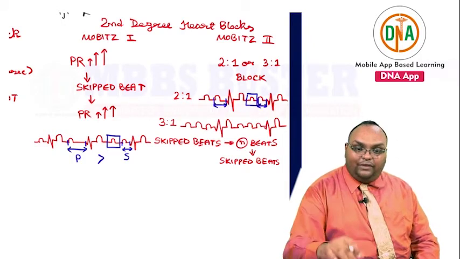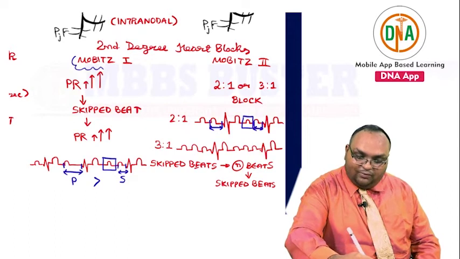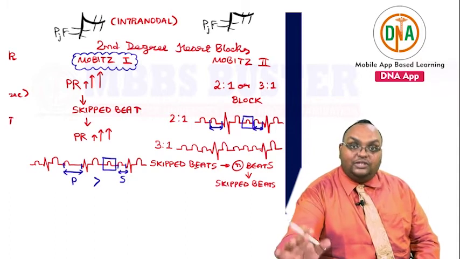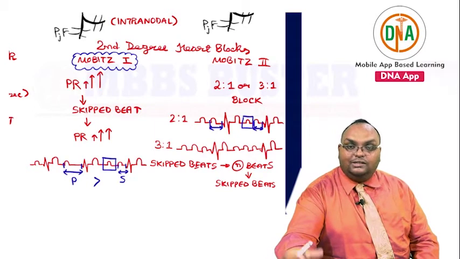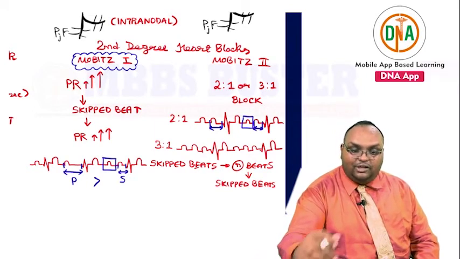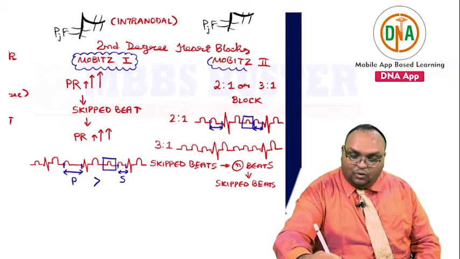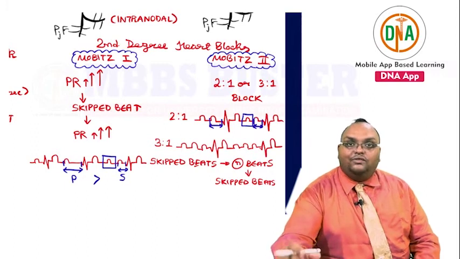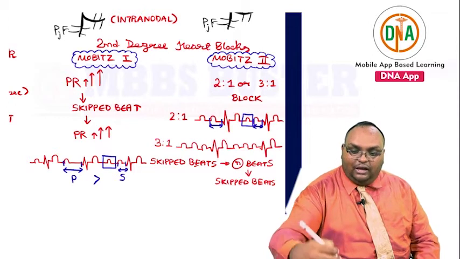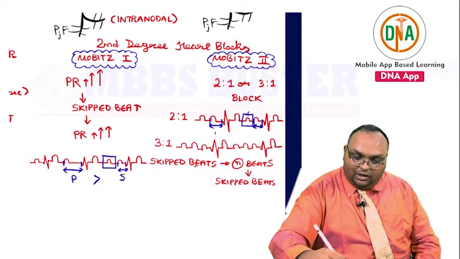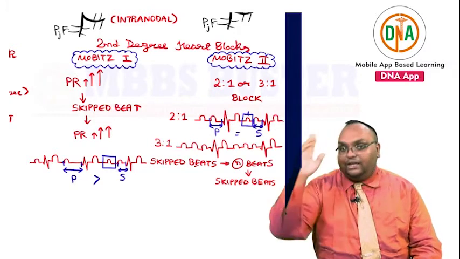So that would be a shorthand way of how I could differentiate a Mobitz type 1 heart block, where the preceding normal beat to a skip beat would have a greater PR interval than the succeeding normal beat following the skip beat, in comparison to the Mobitz type 2 heart block, where you would just have a fixed ratio of the skip beats and the normal beats, 2:1, 3:1, whatever it may happen. And if you consider a particular skip beat, the preceding one and the succeeding one, the normal beats, would have an equal PR interval. Just get the concept clear in your heads again.